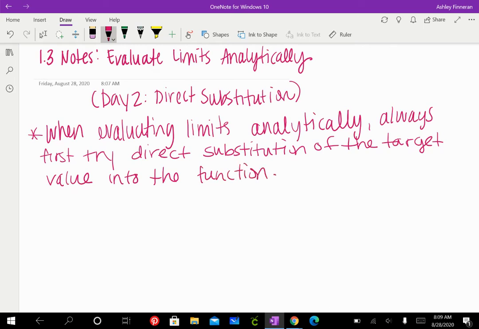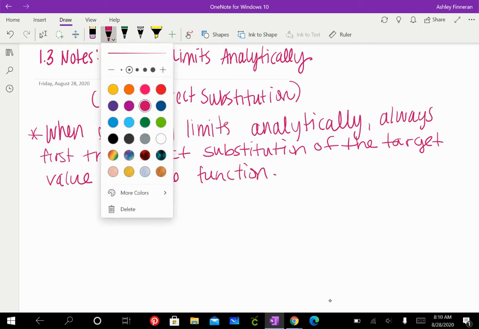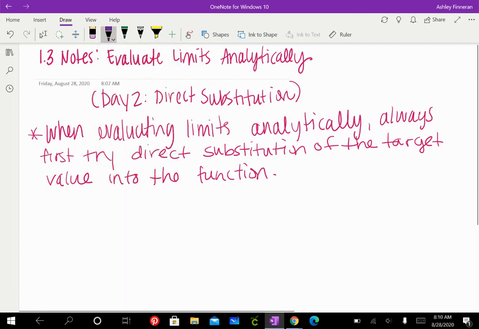What that means, so this direct substitution, is for you to plug in c, basically. So you're going to take whatever your function is and whatever your target value is, you're going to plug it in, and you will end up with one of three things.